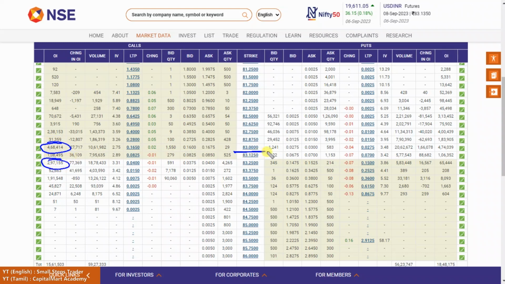So most probably it will close around 83 to 83.12. If you see the put option, the highest open interest is here, 83.75 and 83. So almost around 83 it will close. Here and there we can see right and pricing. So this is about the currency option chain.